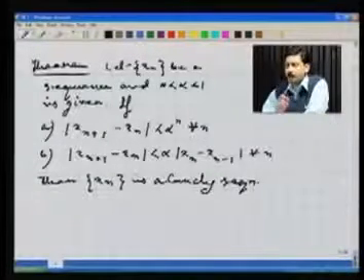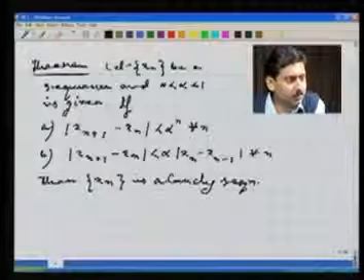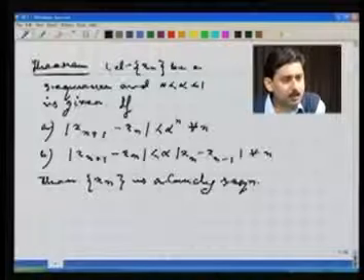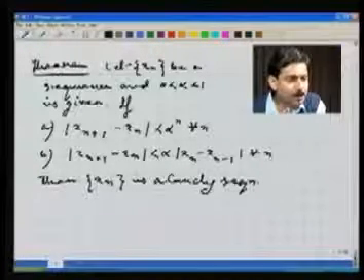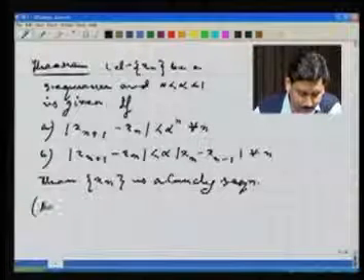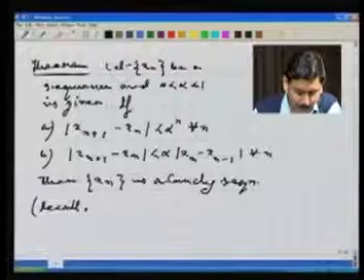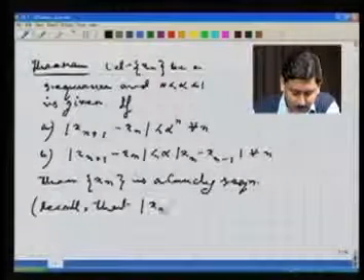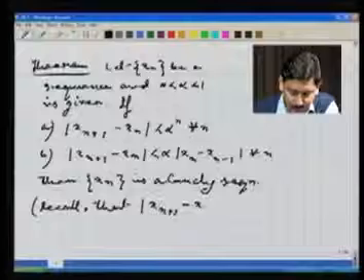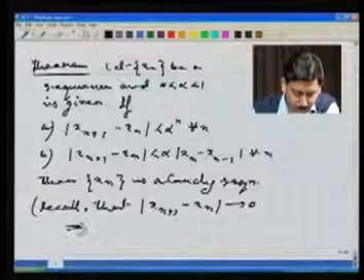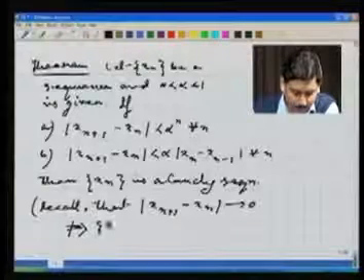Notice that earlier I have given an example of a sequence xn which has the property that mod of xn plus 1 minus xn goes to 0, but the sequence is not Cauchy. So recall that modulus of xn plus 1 minus xn going to 0 does not imply xn is Cauchy.